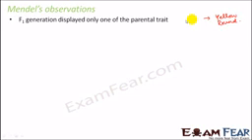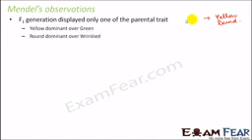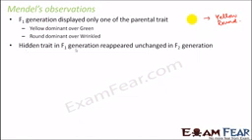So now, does that mean that the hidden trait is lost or it got mixed up with something? No, that is not the case. It remained hidden, but it got displayed later in the next generation. So here it was shown that yellow was dominant over green and round was dominant over wrinkled. Then it showed that the hidden trait in the F1 generation reappeared unchanged in the F2 generation. So what was the hidden trait?